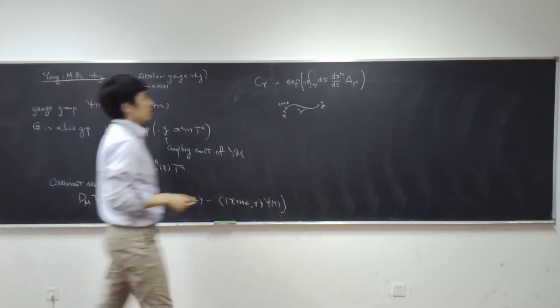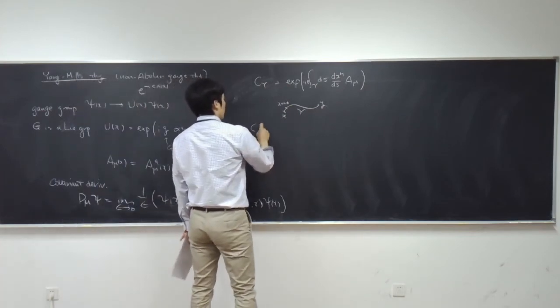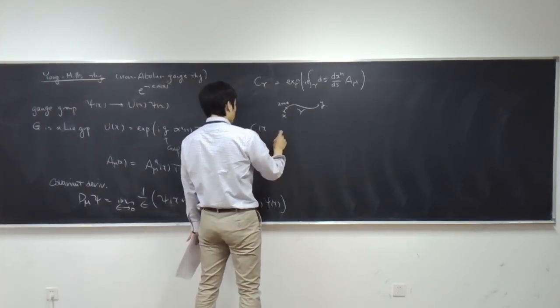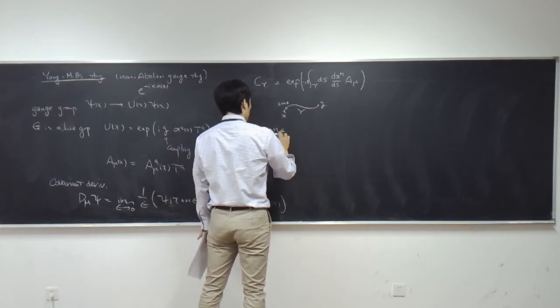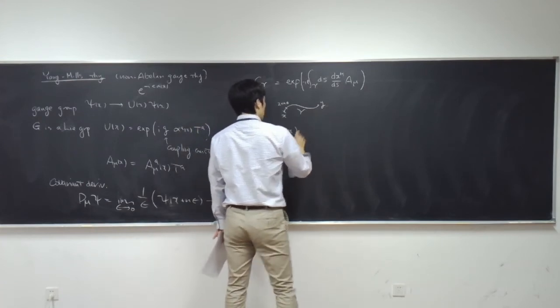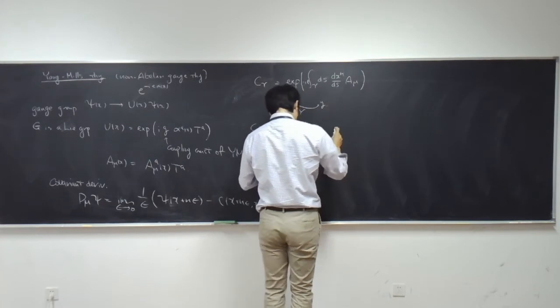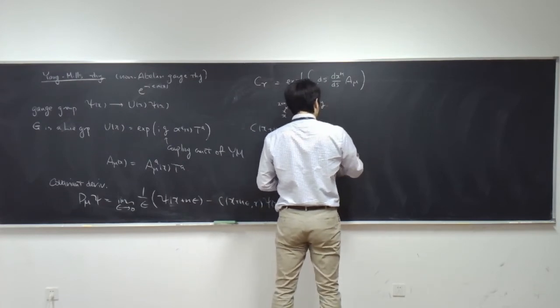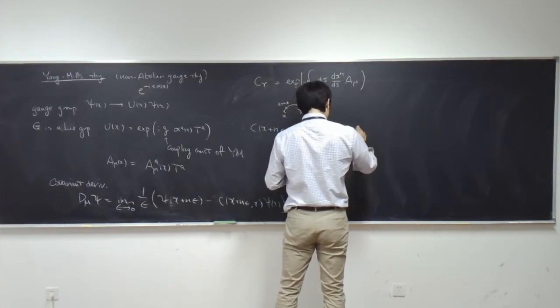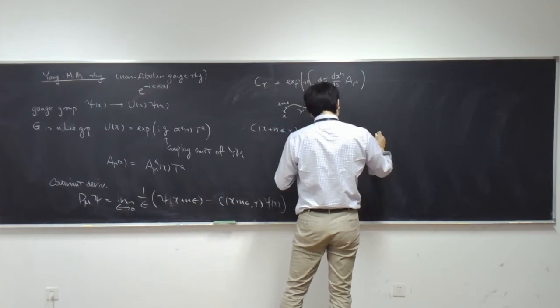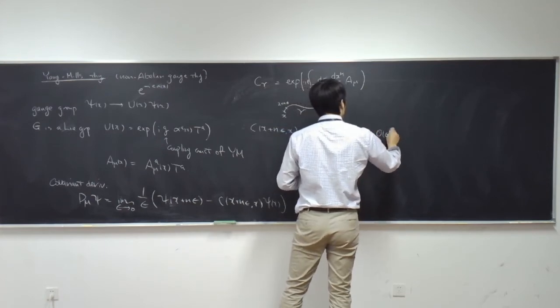Therefore, if it is short enough, it is equal to 1 minus i e A_mu times epsilon plus order epsilon squared.